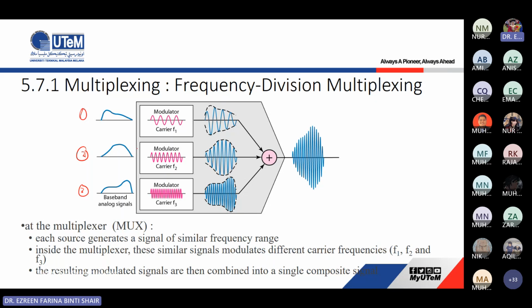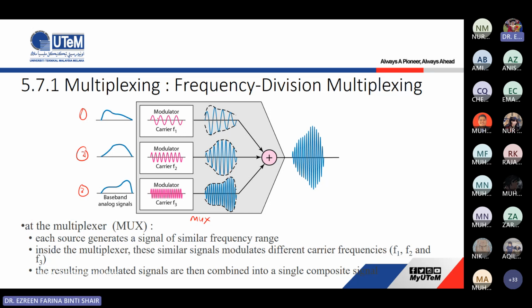This gray box is the multiplexer, and this is the process that happens in it.